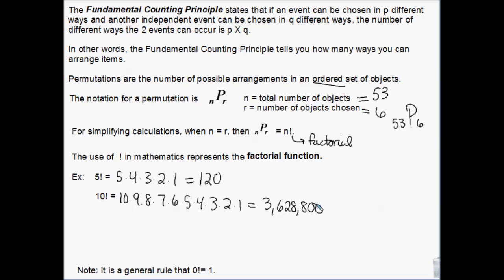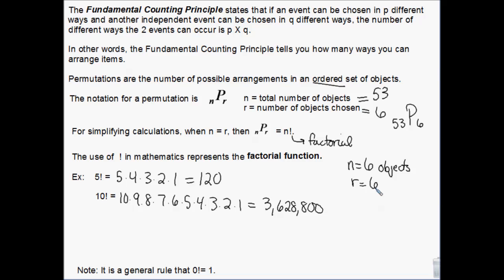So if you have the same number of possible objects as the number you're going to choose, and you're going to put them in a certain order, so we're going to say like 6. Okay, so we'll say I have 6 objects, and I'm going to use all 6 of them, but I'm going to arrange them in order.